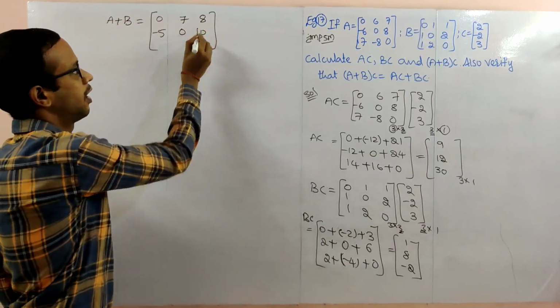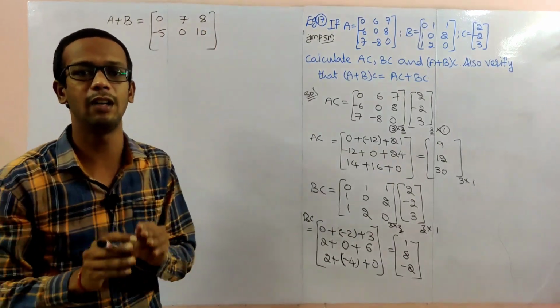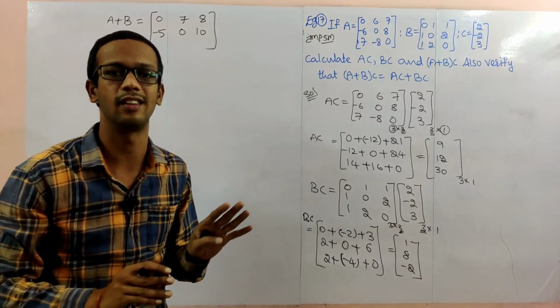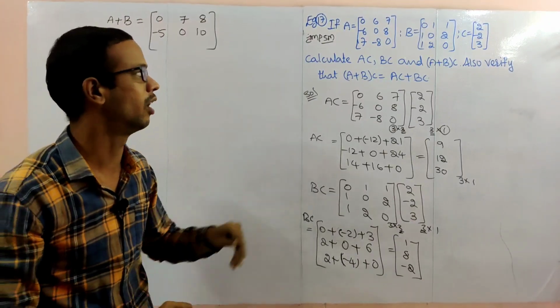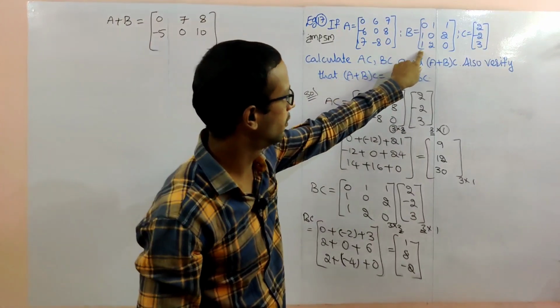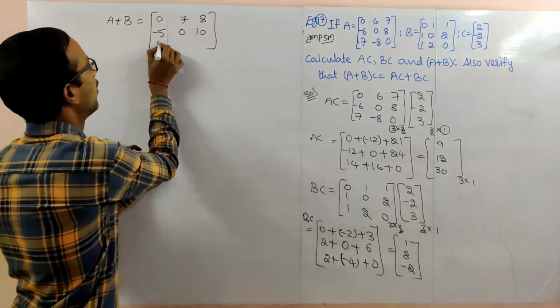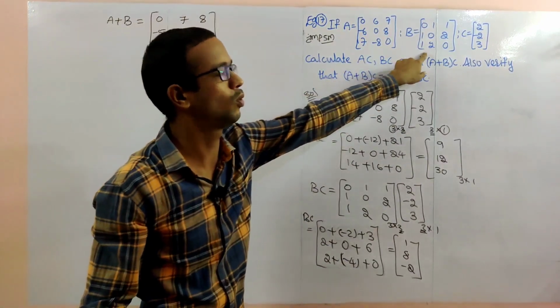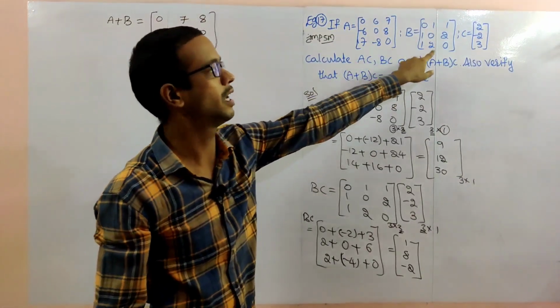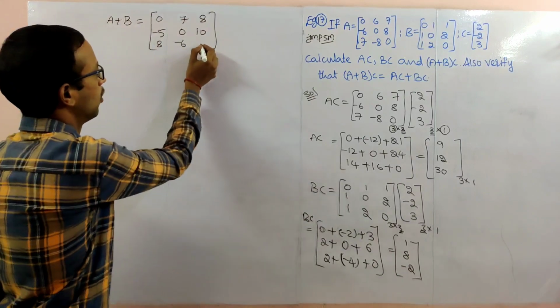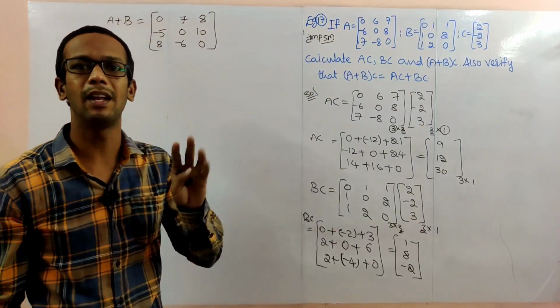It is just corresponding elements addition, not multiplication. Addition means corresponding elements addition. Next, 7 plus 1 is 8. Minus 8 plus 2 is minus 6. Next, 0 plus 0 is 0. So this is the A plus B matrix.